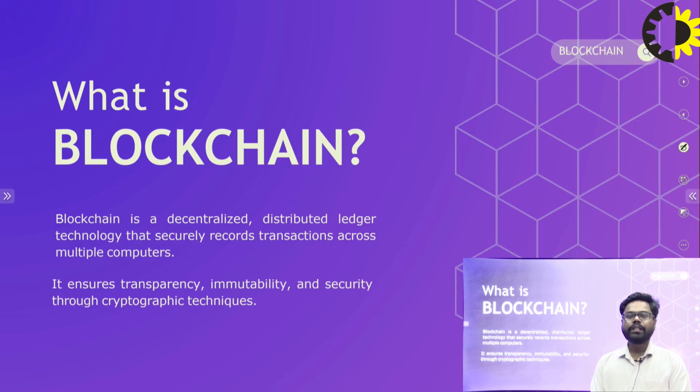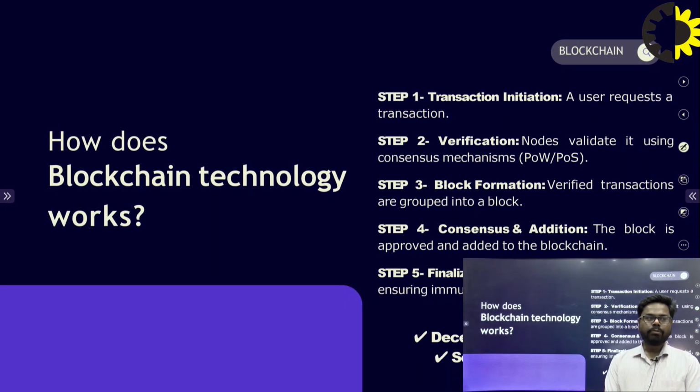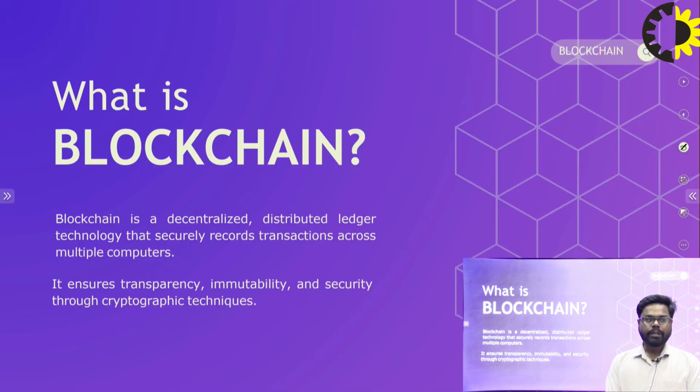We are providing the security through the cryptographic technique, that is known as encryption and decryption. I will explain how the blockchain works, and I will explain centralized, decentralized, and distributed in the further slides.